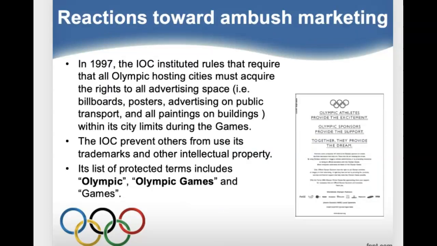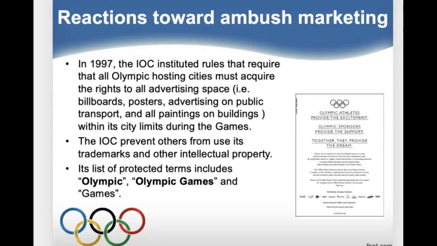One example is that in 1997, the IOC initiated a rule that requires all Olympic hosting cities to acquire the rights to all advertising spaces, such as billboards, poster advertising on public transport, and all the paintings on the buildings within the city limits during the games.